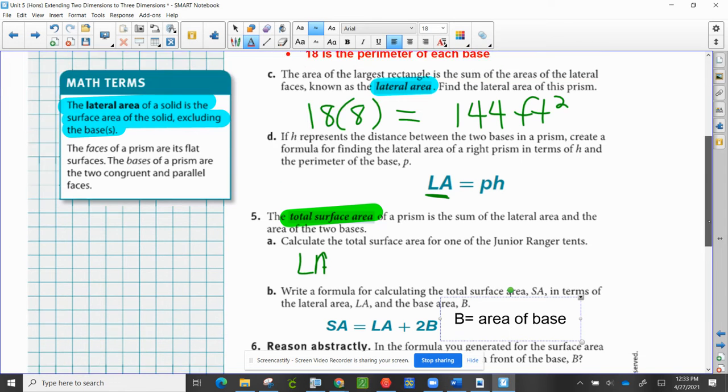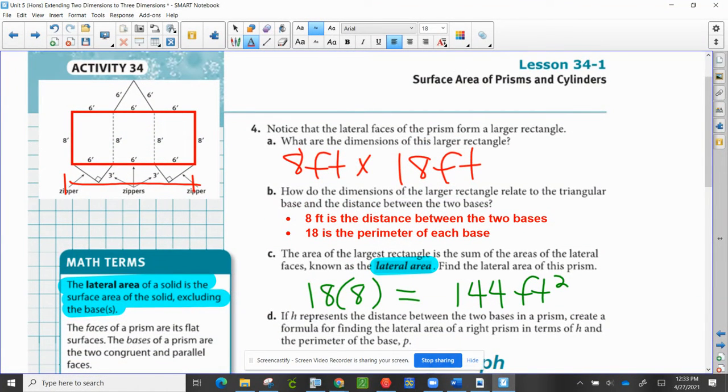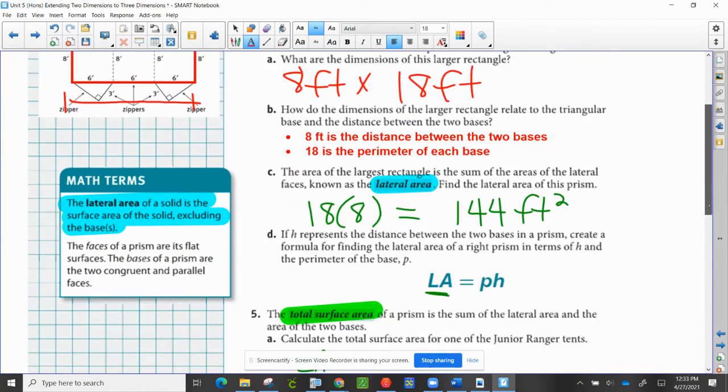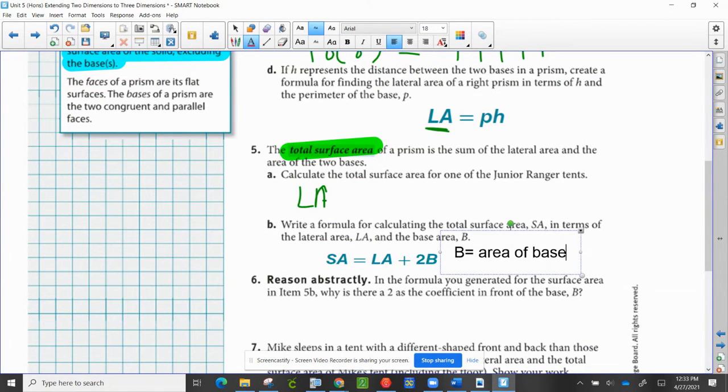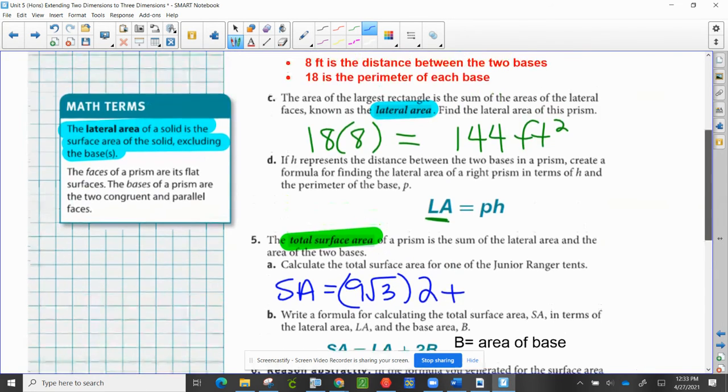Okay? So in our particular prism here, our area of our base, 5A is where they asked us to find the total surface area. Okay, the area of our base, remember, was 9√3. So we would have to do that times 2, plus our lateral area, which I found above was 144.